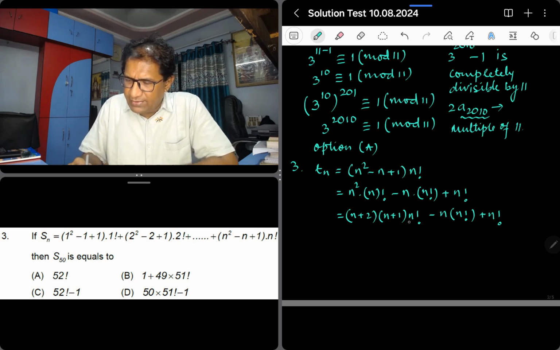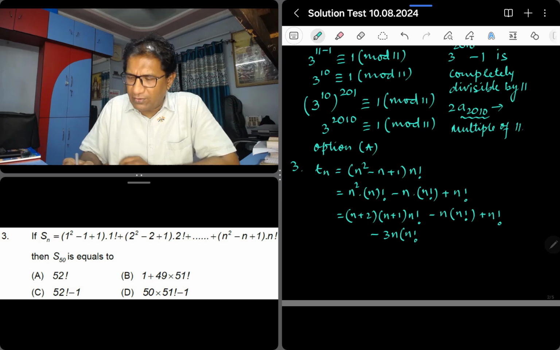Here is actually n square factorial n we are getting. So here we have added 3n factorial n. So I have to subtract that. And at the same time we have added 2 factorial n, which is again to be subtracted.